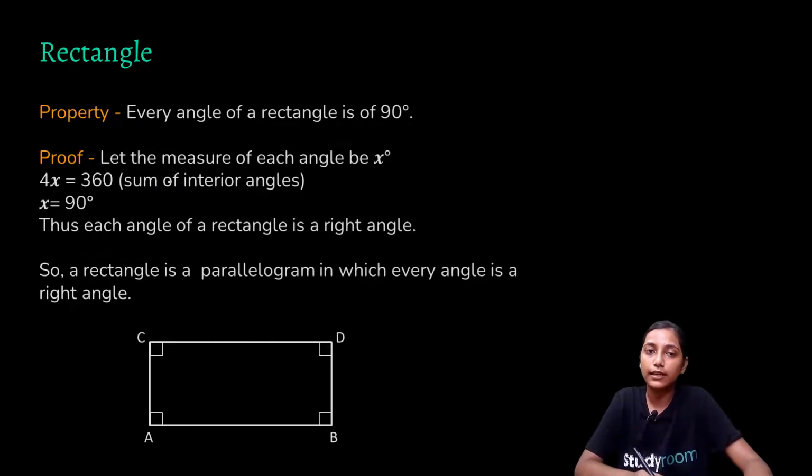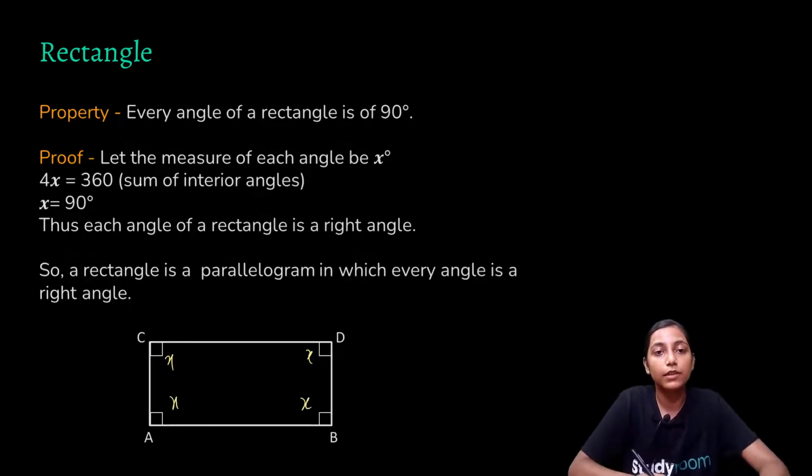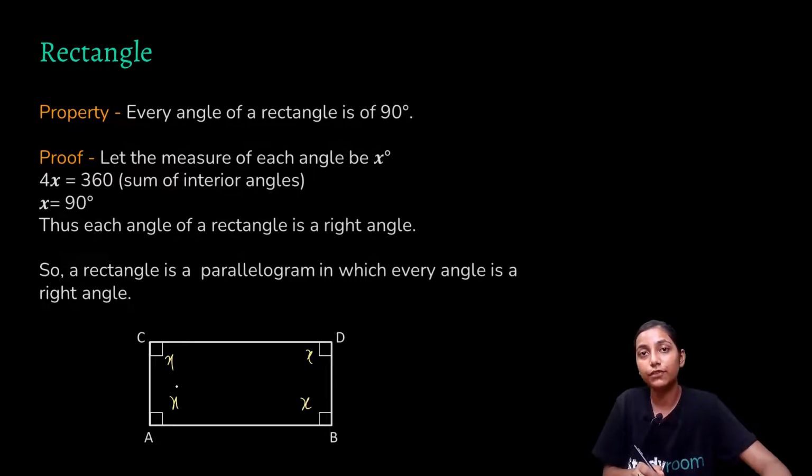What is the proof for the same? Let the measure of each angle be x. Since all the angles of a rectangle are equal, we are letting all these angles be x. We have already learned in another video lecture that the sum of interior angles is 360 degrees.